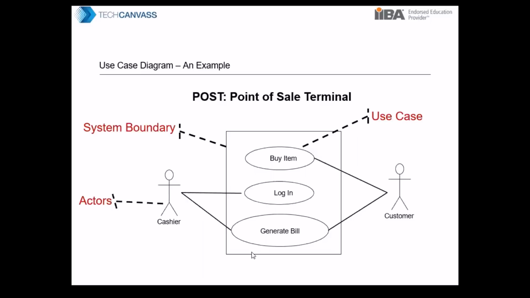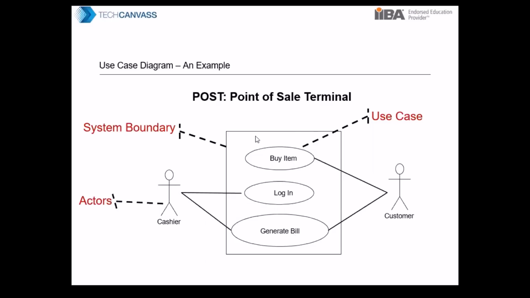Let me go through this use case, then I'll answer your question. So this is a completed use case diagram sample. Here you can see that there are actors and there are use cases, and they are connected with each other. The connection represents which actor is going to do what.